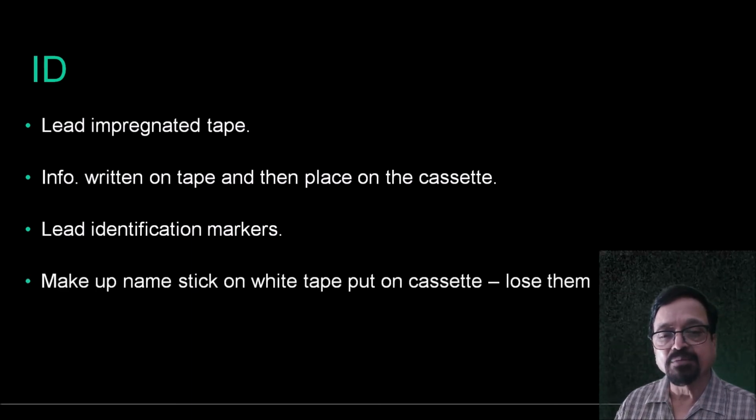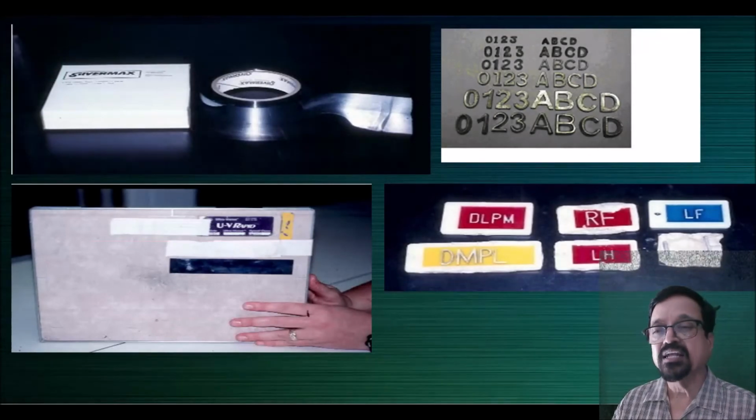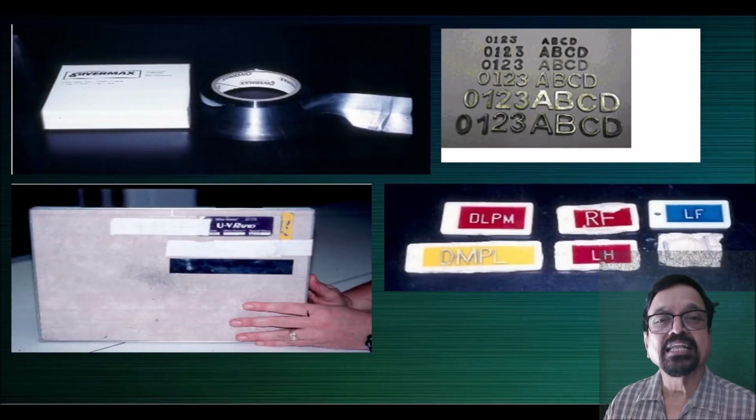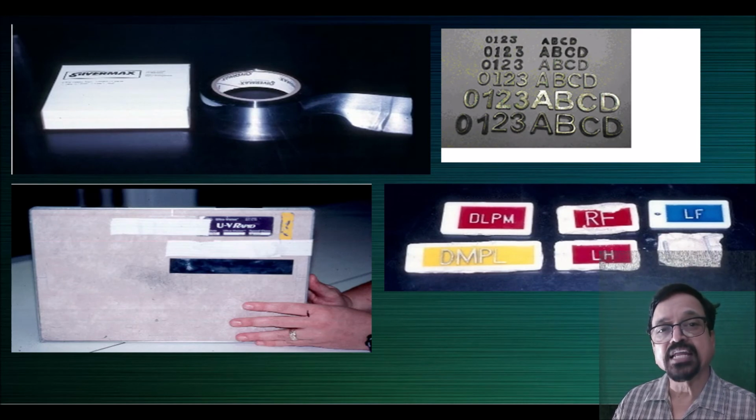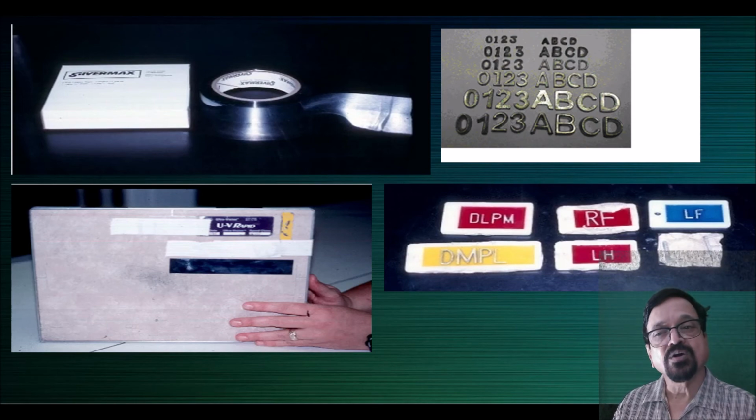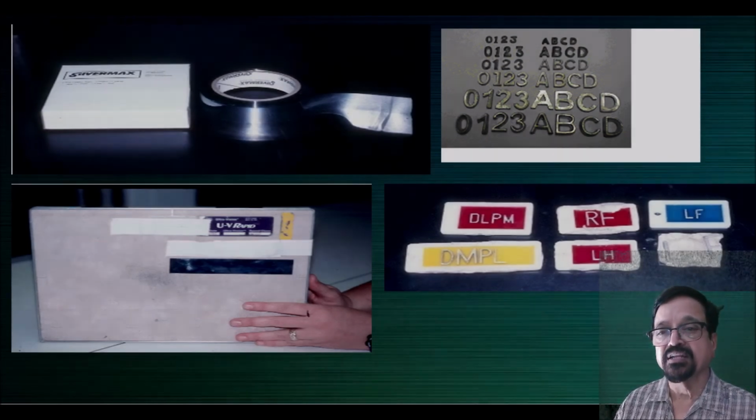Then lead identification markers are there, made up of stick-on white tape, put on the cassette in the corner, which will not hamper the area of interest. That is most important. Where to put a marker is a skill of a technician and is fairly consistent in all departments. You cannot put it on the area of interest. Now these certain things are shown here.